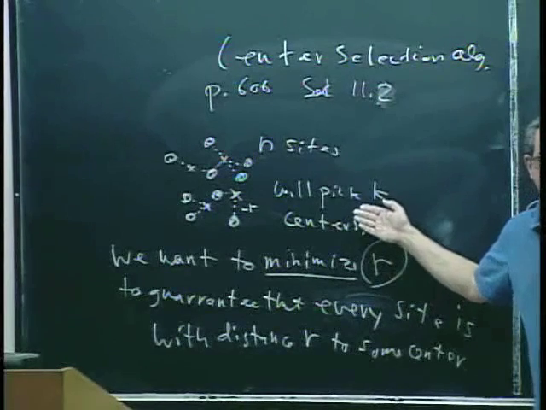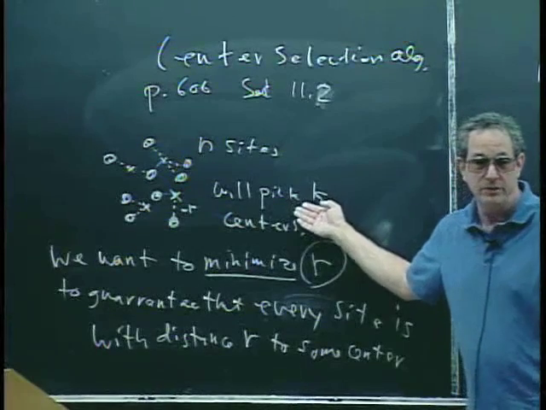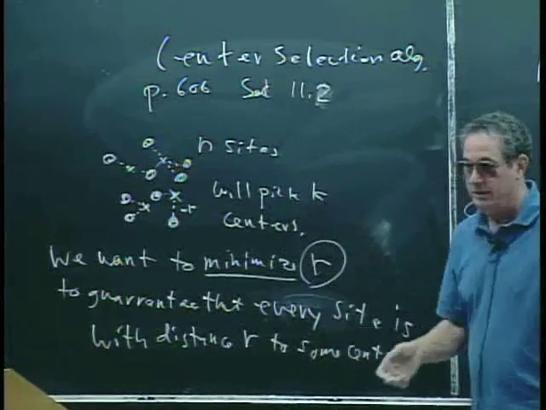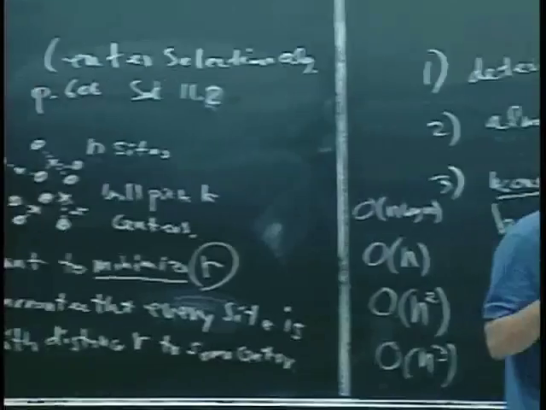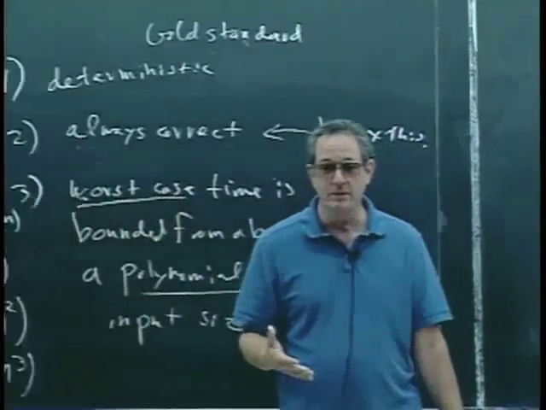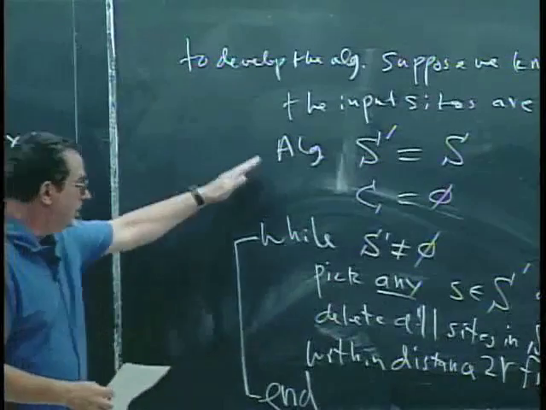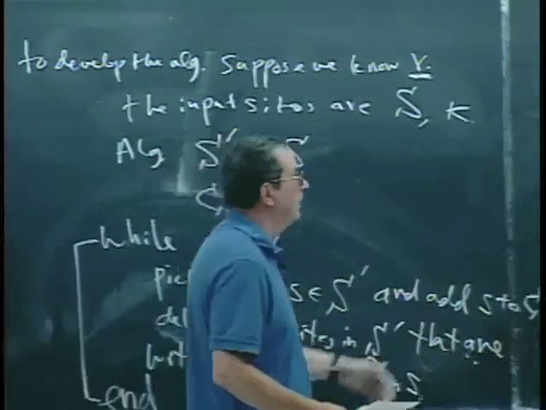The problem is given a set of sites and a K, the number of centers you can pick, R is the smallest distance such that you can pick K centers so that everybody's within radius R. And then they give an algorithm which has within it the possibility of failing.